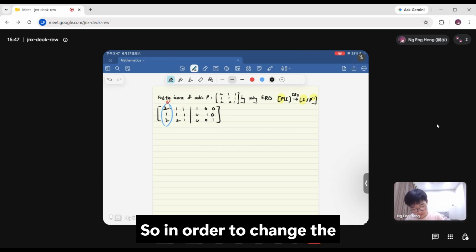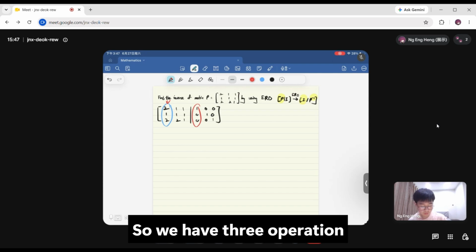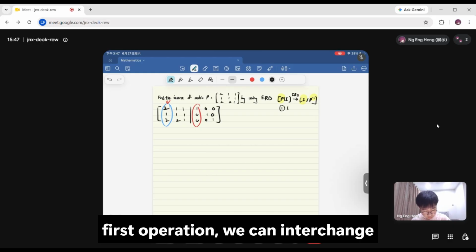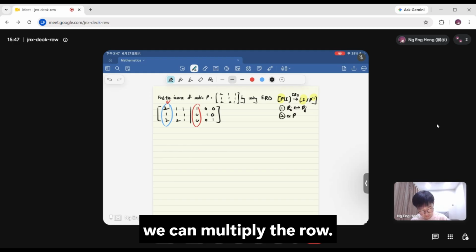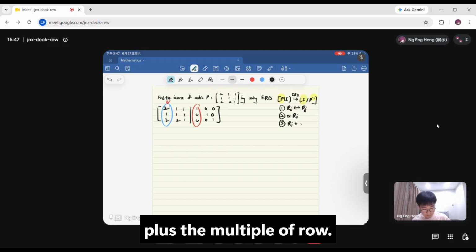So in order to change the first column to become this, we have three operations we can choose. The first operation, we can interchange the rows. The second operation, we can multiply the row. The third operation, we can add a multiple of a row.